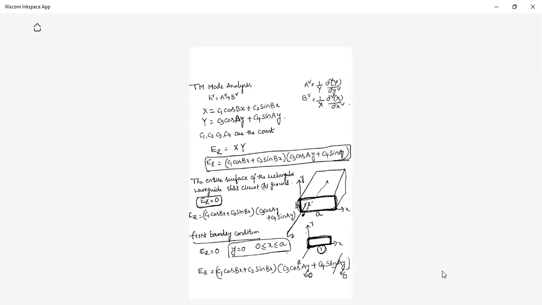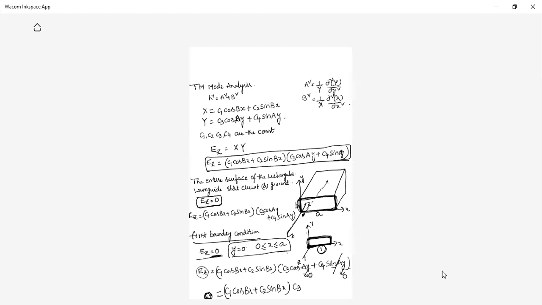Cos 0 becomes 1, so this term becomes 1. According to this first boundary condition, Ez should become 0. So I should write 0 is equal to C1 cos Bx plus C2 sin Bx, into C3.